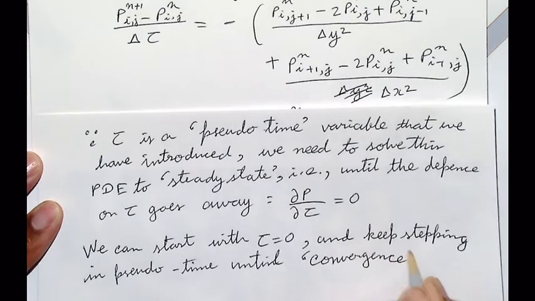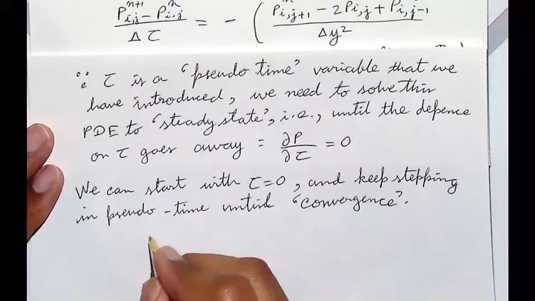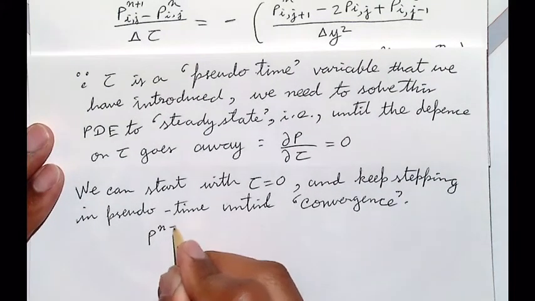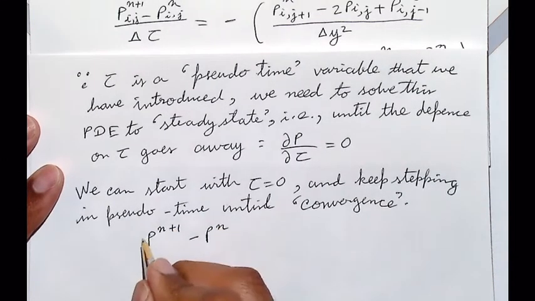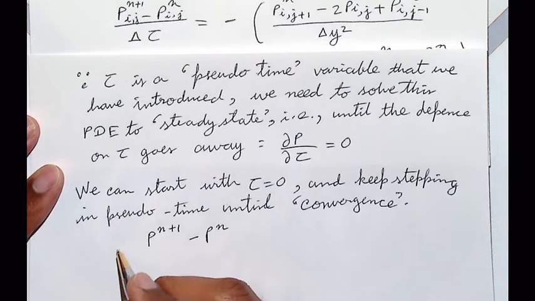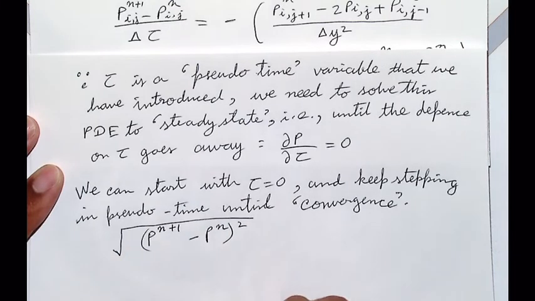And convergence, you can define what convergence means for you. You could say that the pressure at the new step n plus 1 minus the pressure at the previous step, and the RMS of this whole thing, should be 0, right?